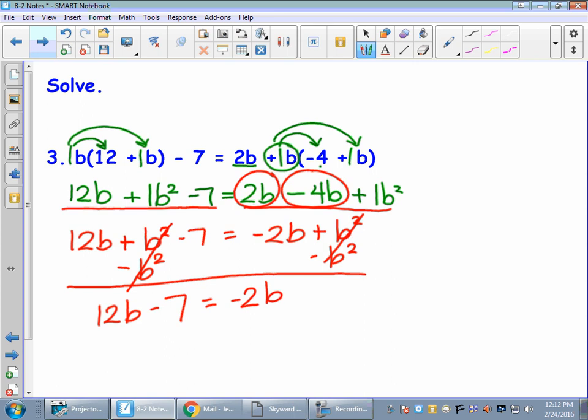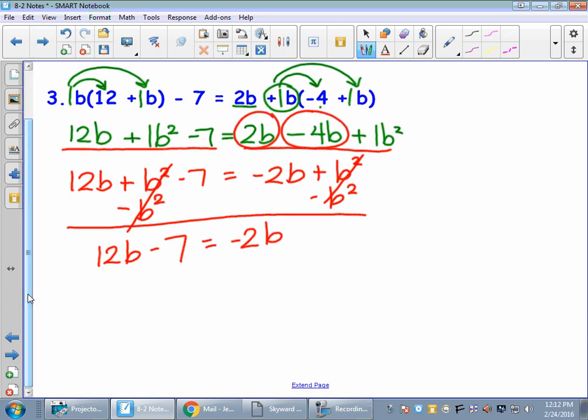We're getting closer. Okay, I have b's on both sides, and I have a number, that negative 7. So the goal is to get the 7 by itself and get the b's together. Since 12b is with the negative 7, I'm going to subtract 12b from both sides. Inverse operations: anytime you want a term to move from one side of the equation to the other.